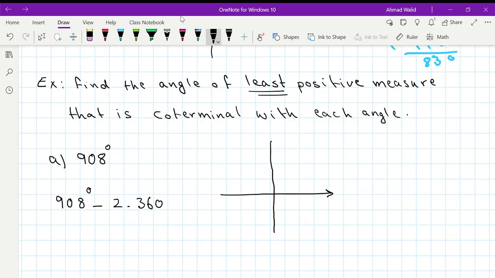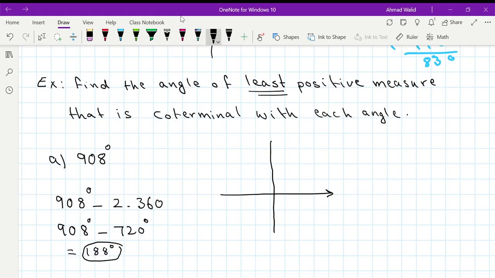Why not 3 times 360? Because 3 times 360 will be greater than 908. That's why twice, right? It means here I will get 908 degrees minus 720 degrees, which will give me how much? 188, right? 188 degrees. Then you see 188, which is a positive angle, correct? It's a positive angle. It's coterminal with 908.